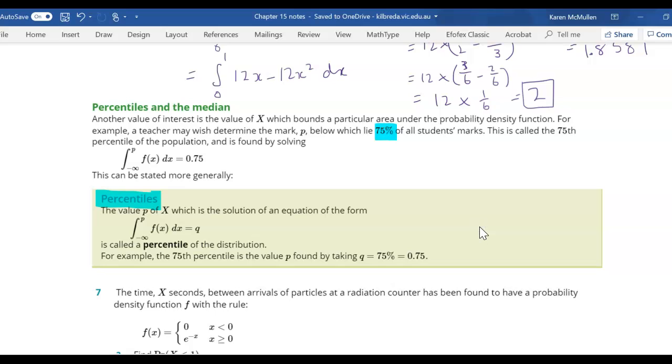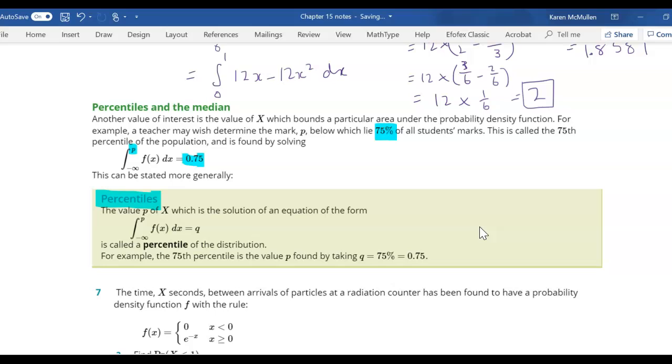So you can just convert a percentage into a decimal. You can see the 75%, we just let it equal 0.75. And we're basically saying, well, what is that upper limit? So we want to know how many students got, you probably do from 0, not negative infinity, if you're looking at marks on a test. So 0 to what value did 75% of students get? Okay, we call that the 75th percentile.